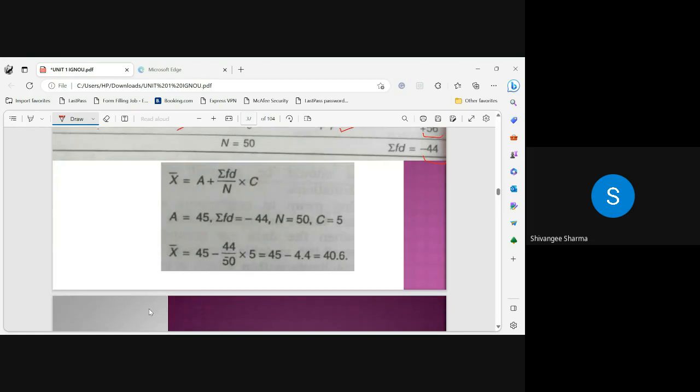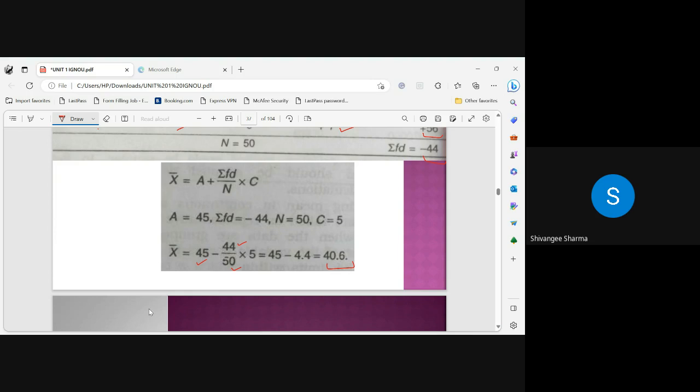Simple, put it in the formula, where assumed mean is 45, summation of f d is minus 44, frequency sum is 50, and C is the common factor which we took from the mid values of the class intervals. Then you will get the answer here, which is 40.6.